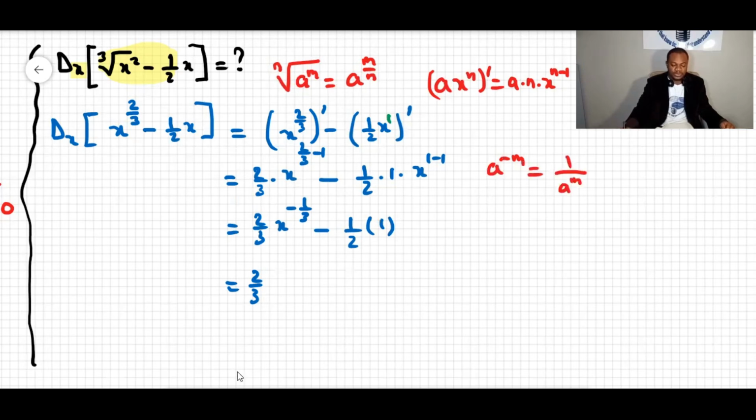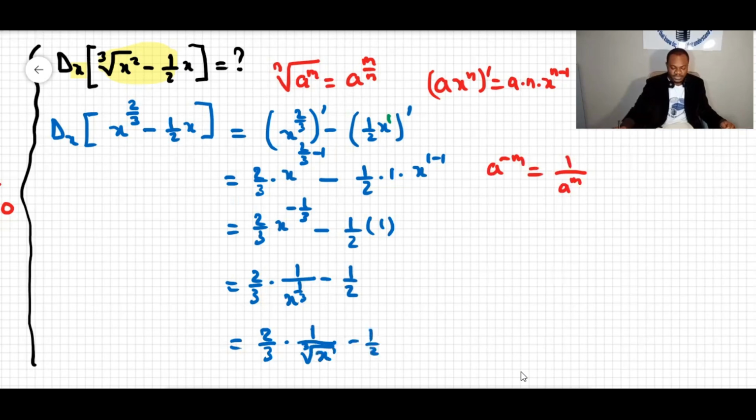So this is like 2 over 3 times 1 over the cube root of x, minus a half.